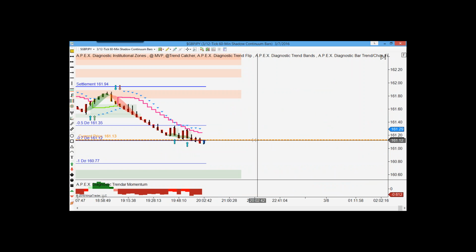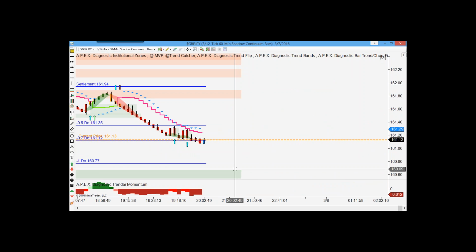Well, it'd have to go 46 ticks below this, right? It'd have to go all the way down here. If I see the market going down against me, do you think I'm going to just sit there and let it go 46 ticks against me and just watch it go? No. If I see the market going against me and I was wrong, I'm going to get out of the trade, right?